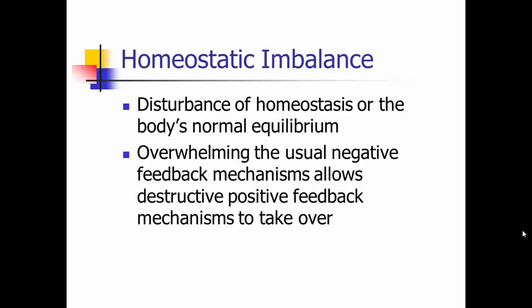Like, for instance, if your body temperature increases and you are now starting to overheat and your body cannot control it any longer, it will go into a positive feedback mechanism where it will just continue to heat up the body and not cool it down. This is when there's going to be a problem. This can lead to death, and I'll give you guys some examples of this when you come back to class.